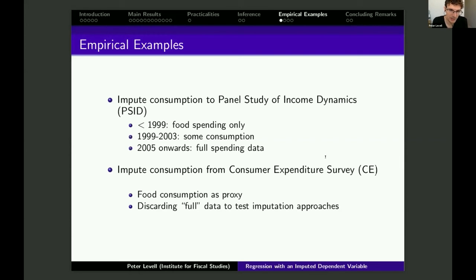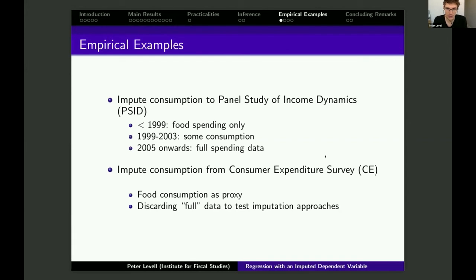In 1999, they included some additional questions on other areas of consumption. And from 2005 onwards, they included a much fuller set of spending data and spending questions. So if you want to use the PSID prior to 2005 to look at total consumption, you might have to impute it, as these other papers have done, using just the food spending.